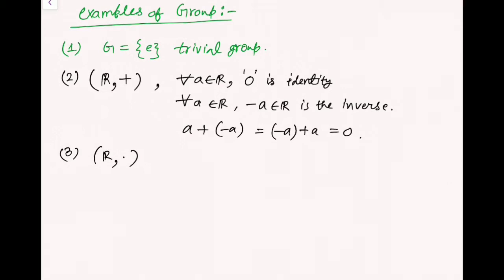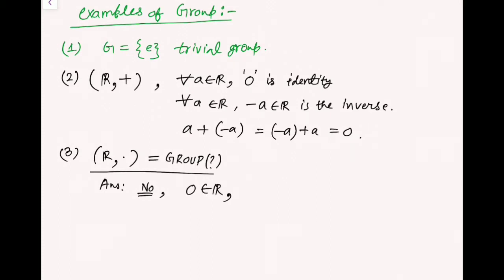Third, multiplication. Is R with multiplication a group? The answer is no, because 0 is in R, which does not have an inverse in R with dot.